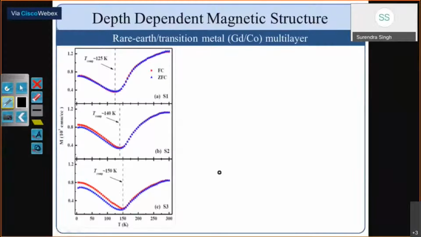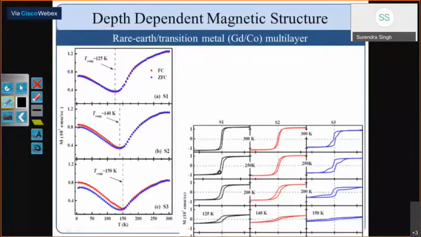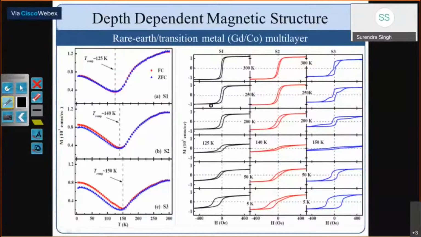We have lower magnetization for cobalt itself. And if you see the MH curves for these three systems, the temperature-dependent MH curves, you'll see a really different nature. So for S1, this is 300 K, then 250 K, 200 K, and so on.